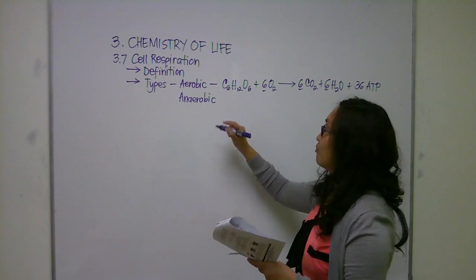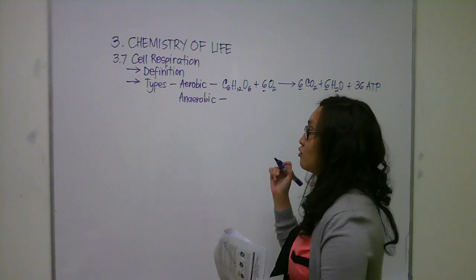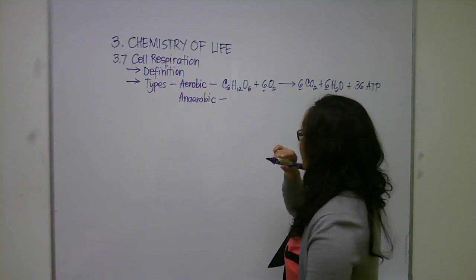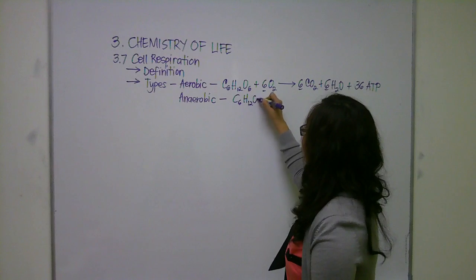In the case of anaerobic respiration, there are two things that can happen. It can happen in yeast cells or in muscle cells. In the case of muscle cells, it also uses glucose.